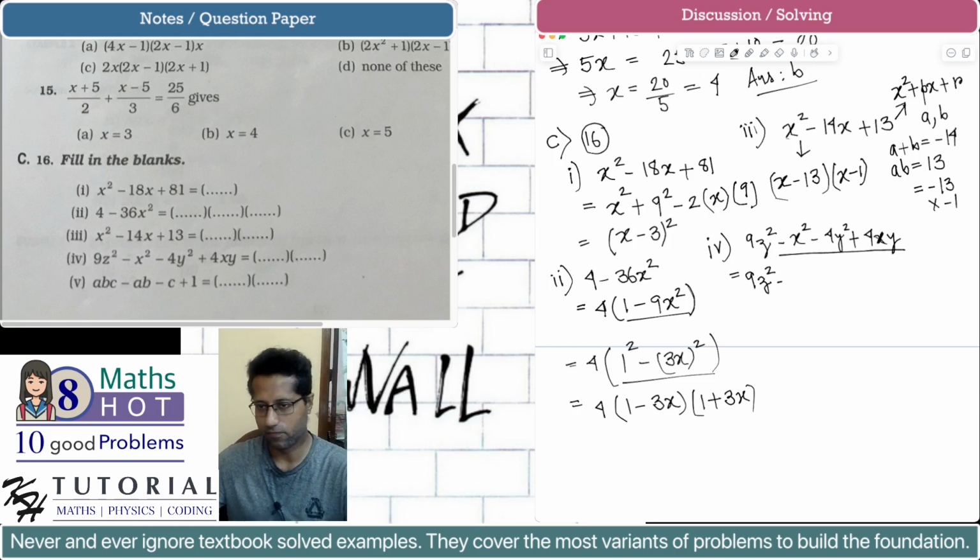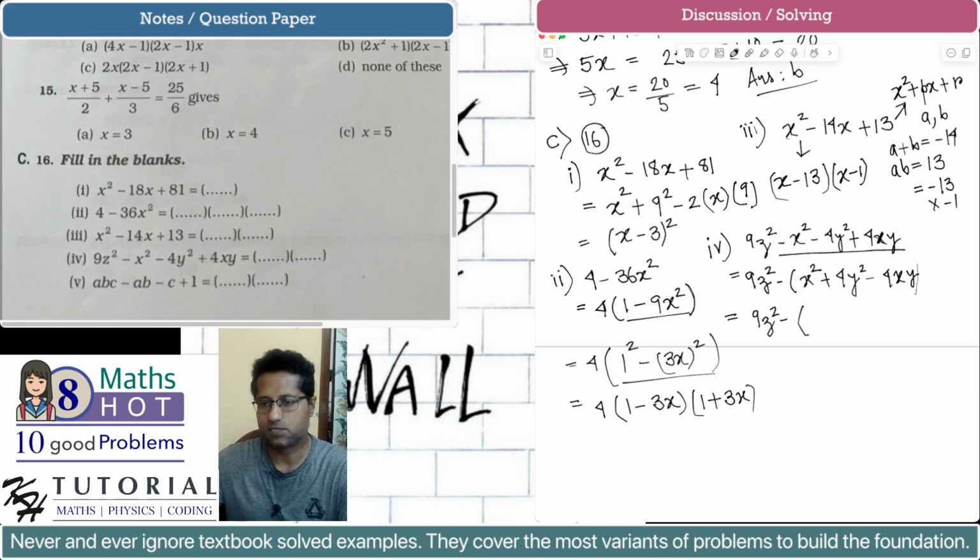If you take negative common from all the last three terms, we get x square plus 4y square minus 4xy. Okay. So, this is equal to 9z square.